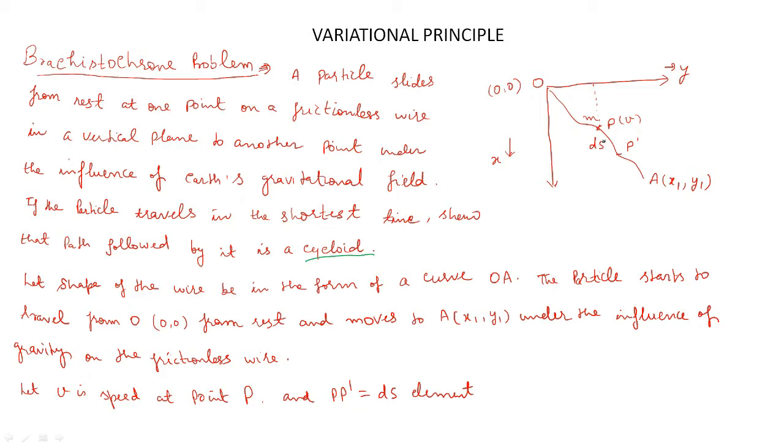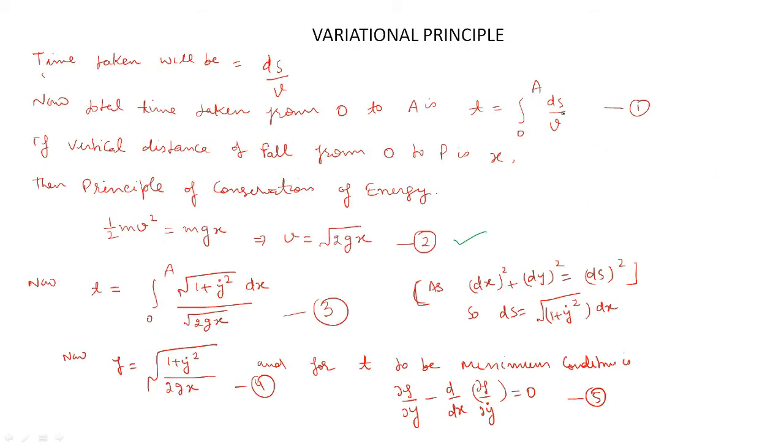So t can be written for this distance P to P dash as ds upon v. So for the whole curve the total time will be written as t is equal to the integral from 0 to A of ds upon v. Let us say it is equation number 1.